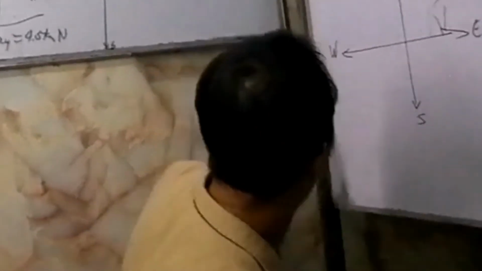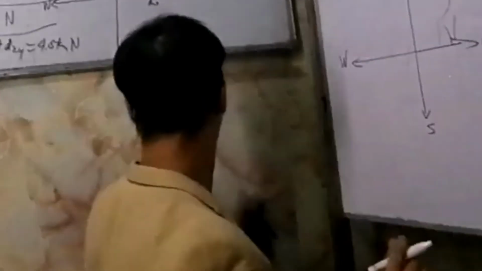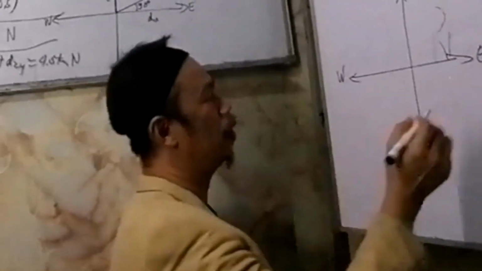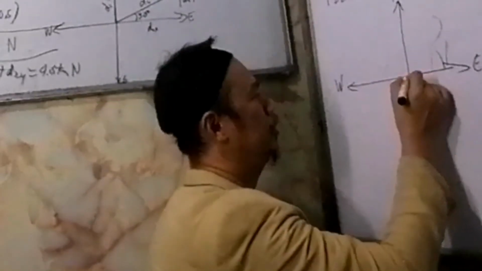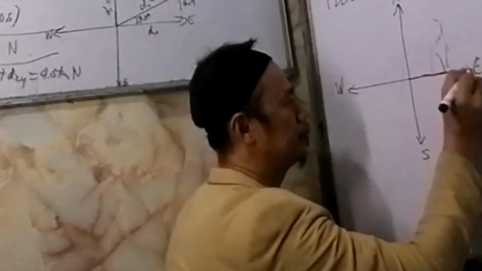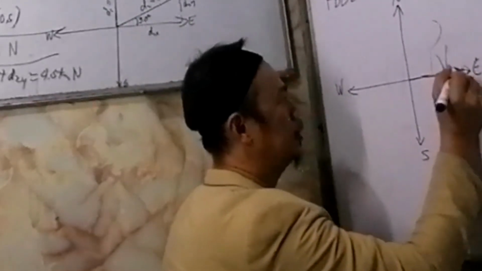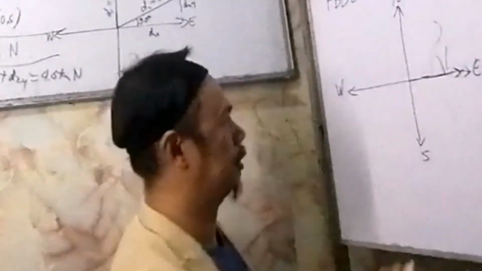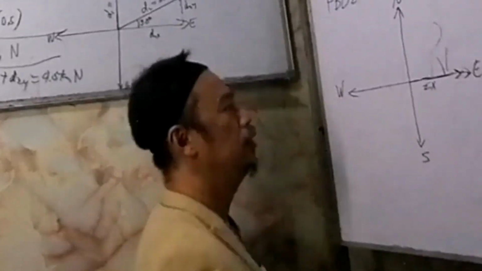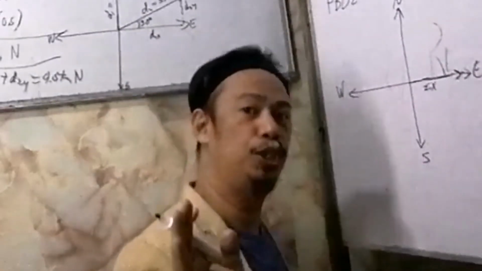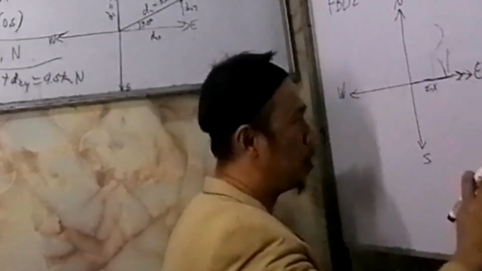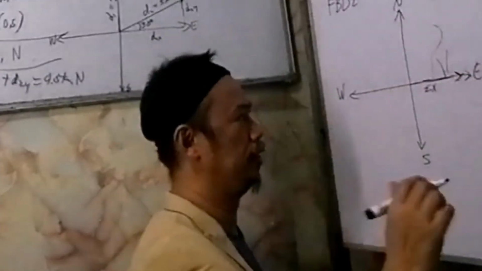Okay? The summation of x, we start from x. So, summation of x is east. And that is 4.33. So, it is somewhere here. Okay? So, this is our summation of x. Okay? So, if the direction of the summation of y is going upward, you put it downward. If it is downward, you put it upward. Okay? So that you can identify.